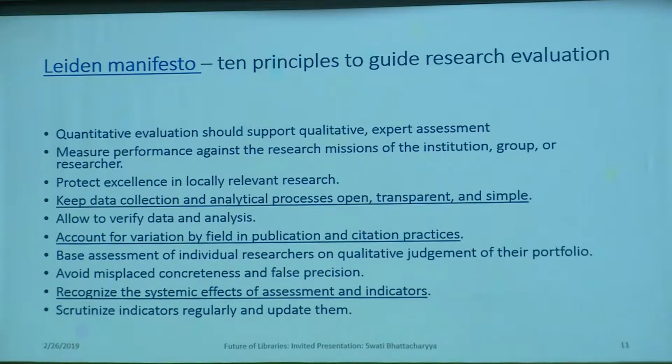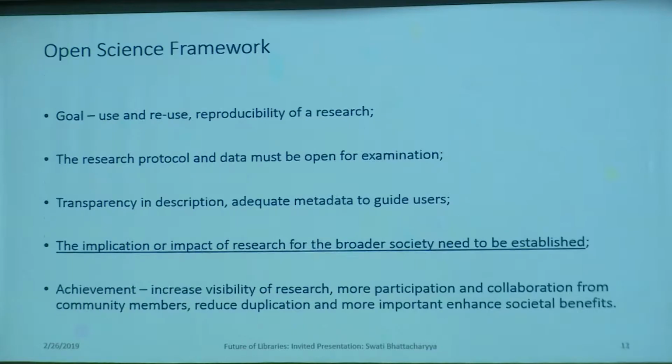Journals may not be a scholarly output at all in some areas. So you have to consider the variation in publication and citation practices and recognize the systemic effects of assessment and indicators, and how they are really going to help that kind of assessment.